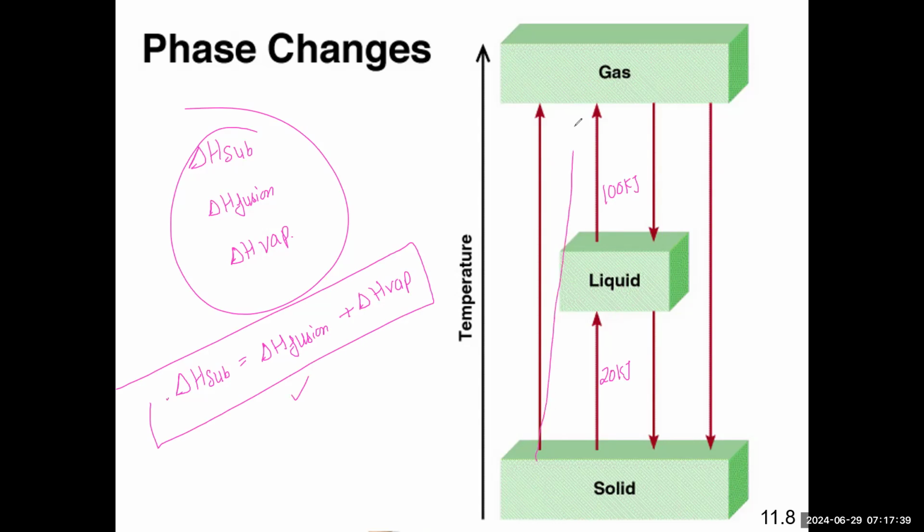Sum of these two, 120. So understand these formulas. They are not very clearly written in the books because they expect you to know them. Write down how sublimation, fusion, and vaporization are related to each other.